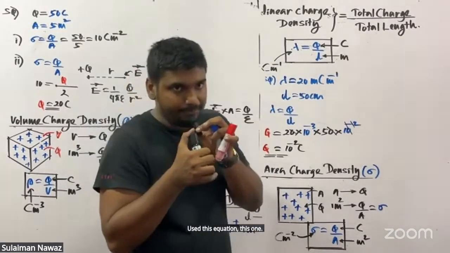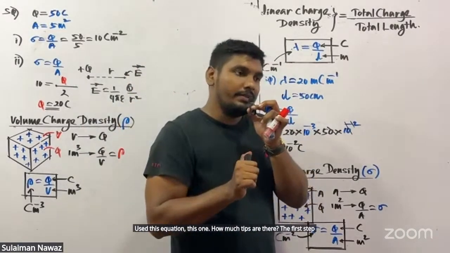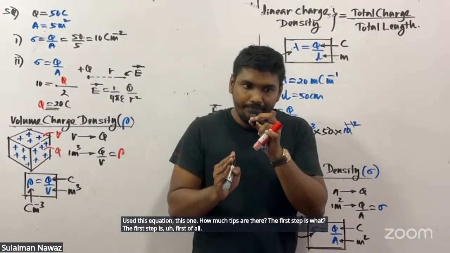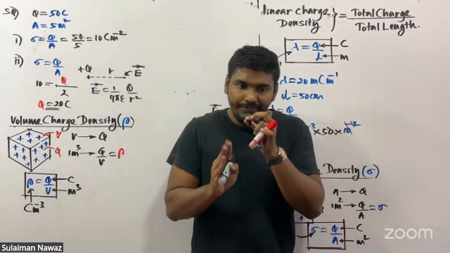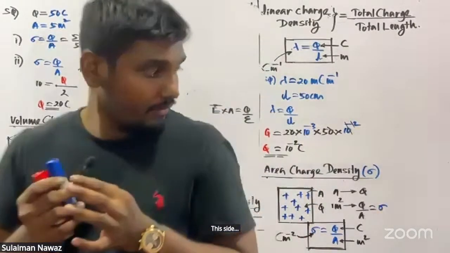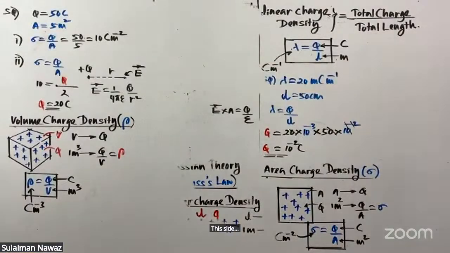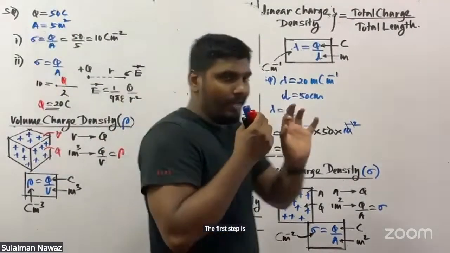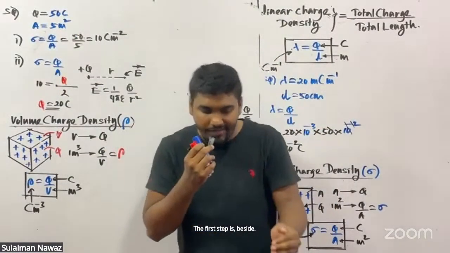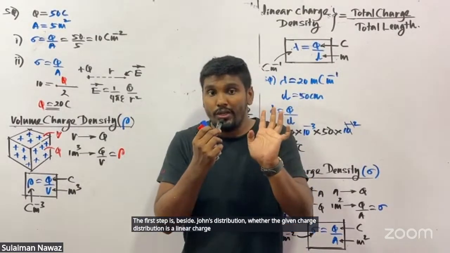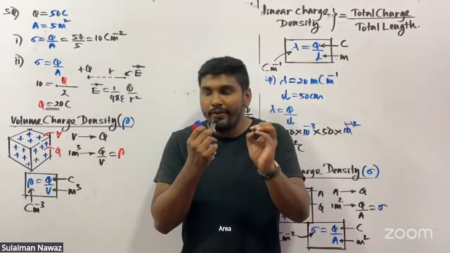How many steps are there? The first step is, first of all, decide the charge distribution. Whether the given charge distribution is a linear charge distribution, or area charge distribution, or volume charge distribution.